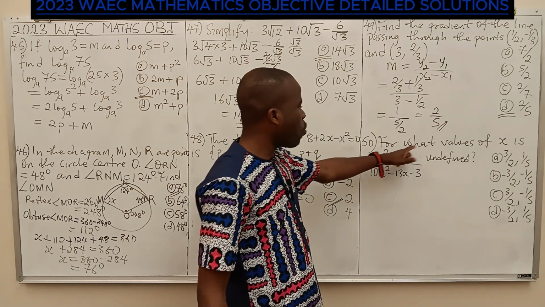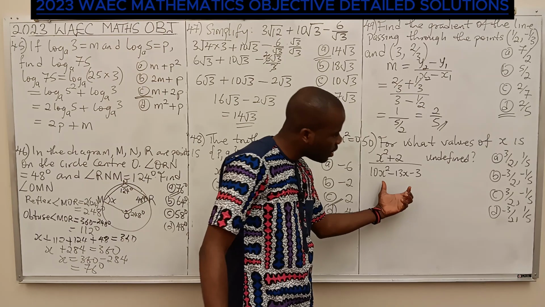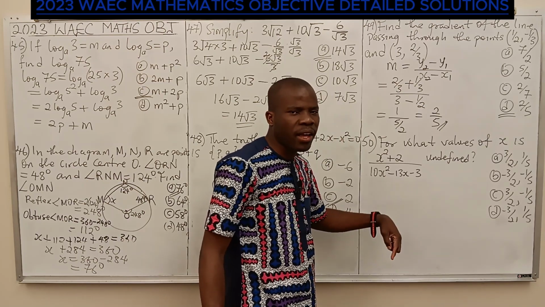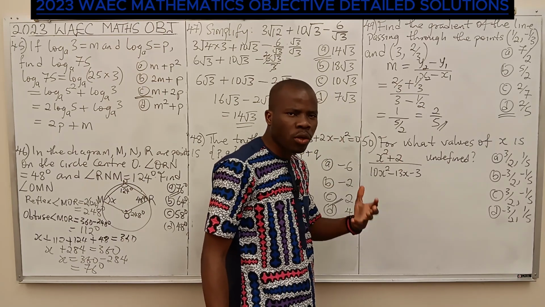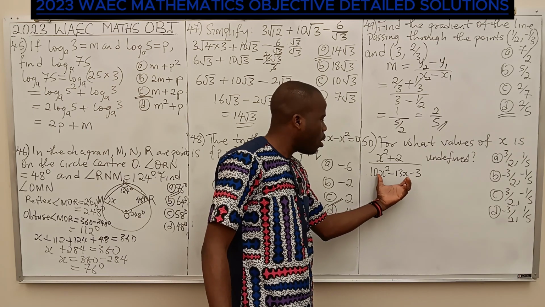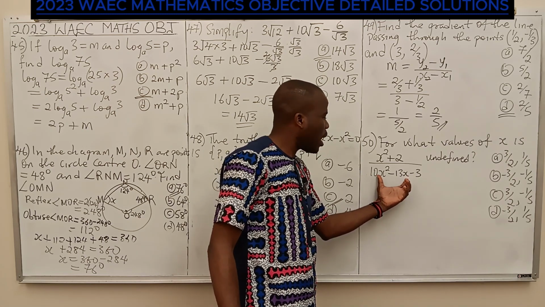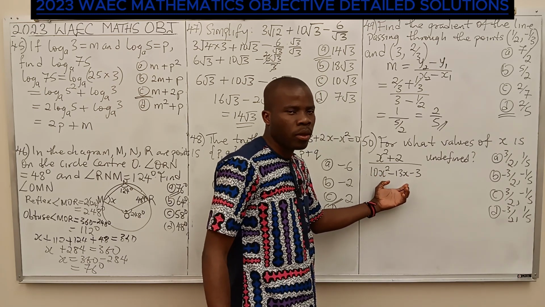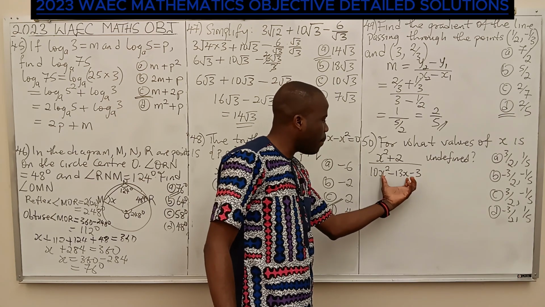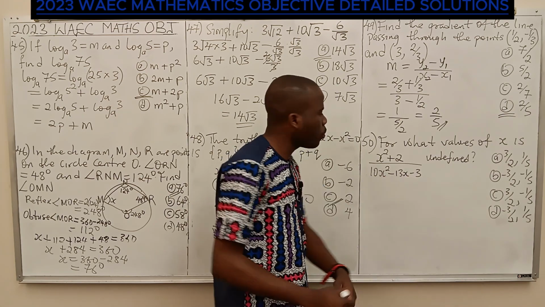Finally, for what values of x is this expression undefined? This expression is undefined when the denominator equals 0. So we're going to look for x that makes this denominator 0.